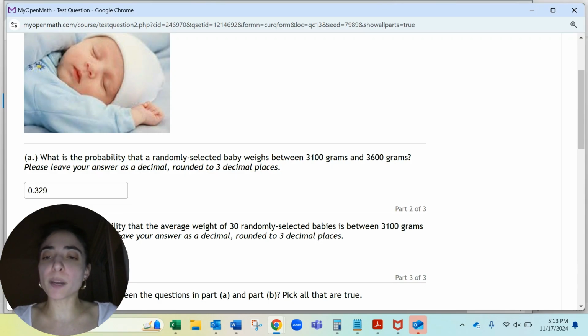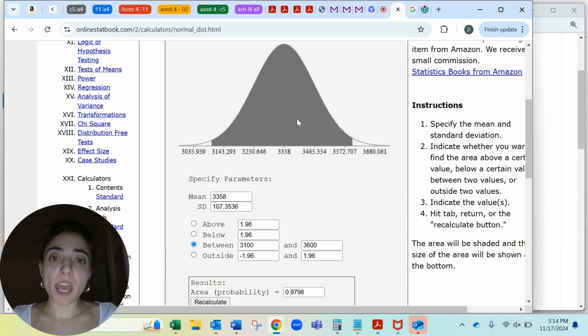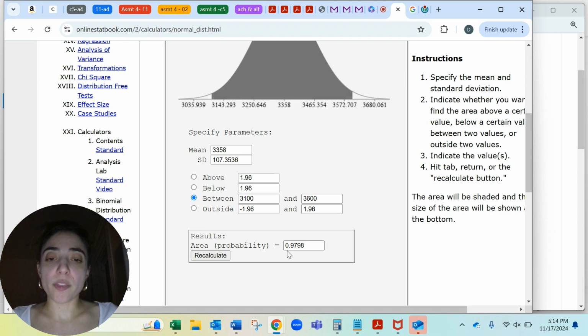I will again use my normal probability calculator because I know that my averages are normally distributed with this mean and this standard deviation by the central limit theorem. So what is the probability that the mean will be between 3100 and 3600? When I click recalculate, there is my probability, my answer.